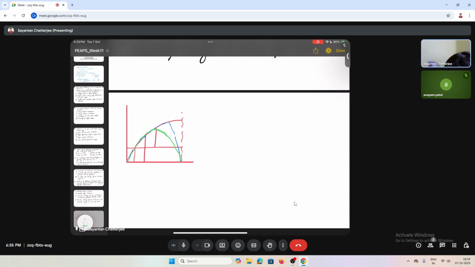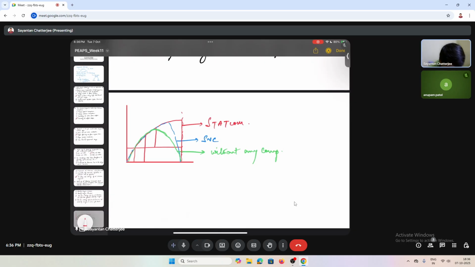This green is showing without any compensation, and this blue is with SVC, and this red is for Statcom.